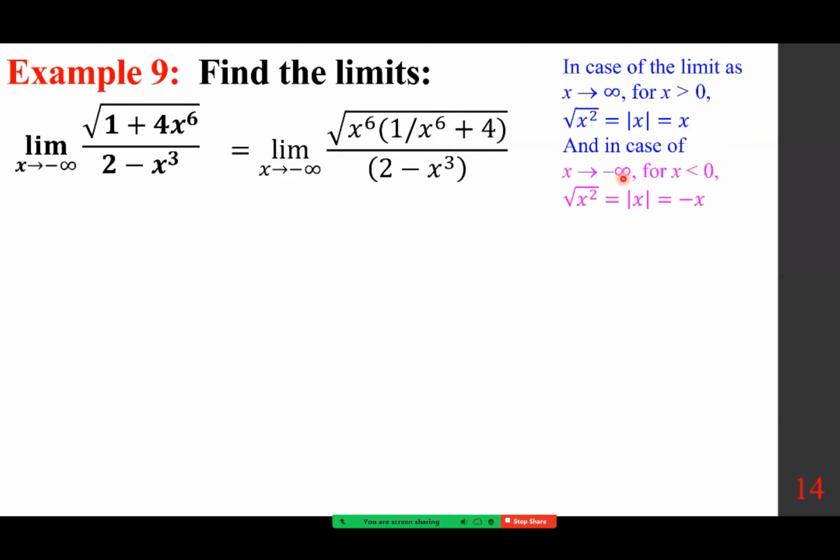In case that x approaches minus infinity, then it's absolute value of x or minus x. Therefore, x cubed is the same as square root of x to the power of 6 when x is positive. But if it's negative, it's minus square root of x to the power of 6. And so that's why when we want to take this out, we take it out as minus x cubed.